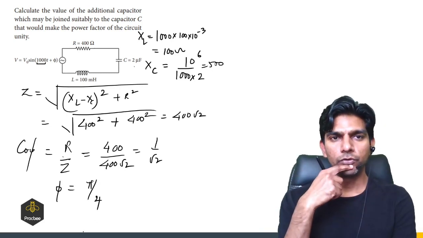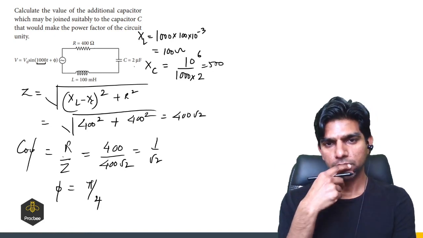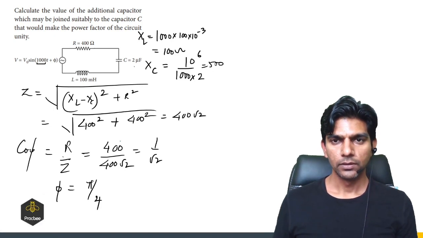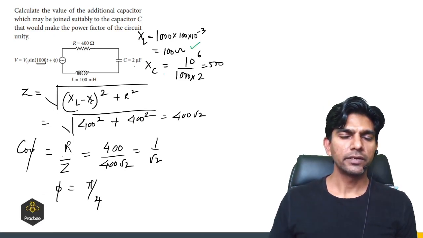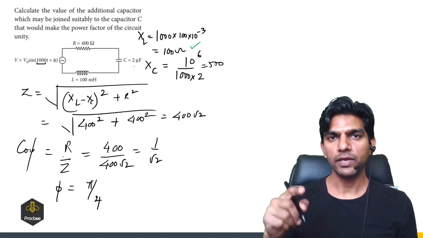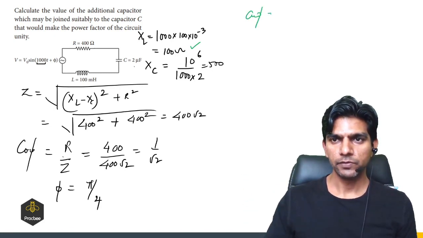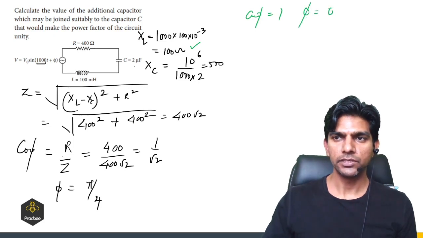Now we want to make the power factor unity. So what can we do? We cannot change this 100, right? To make power factor unity, to make cos phi equal to 1, phi has to be 0, right?